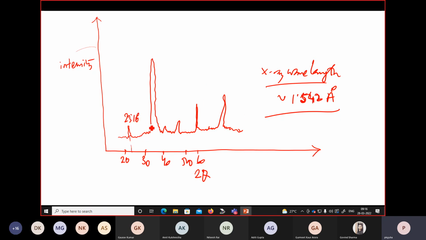I'm basically taking one of my XRD characterization results. Say this peak is occurring at 32.72 degree, and this peak is probably occurring at 40.33 degree and so on.